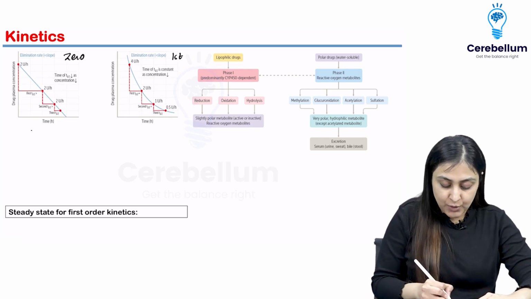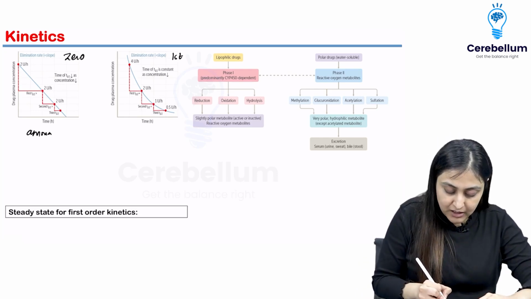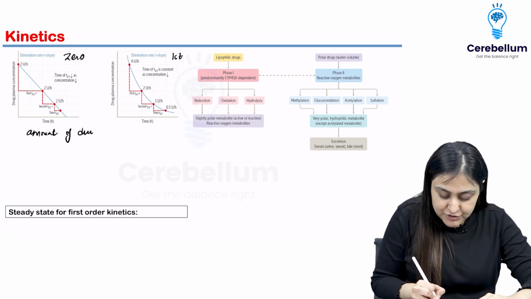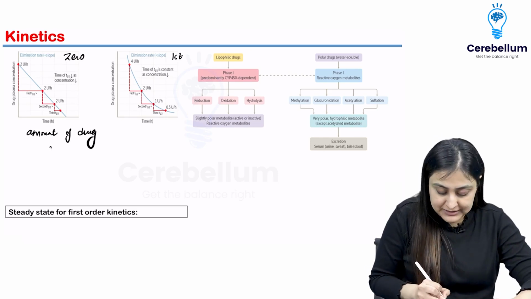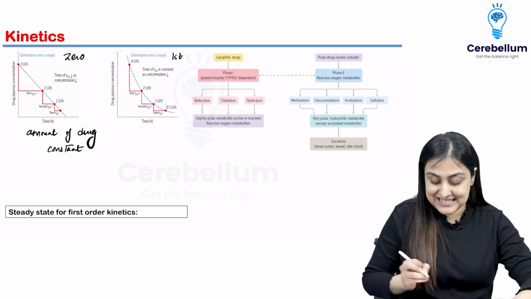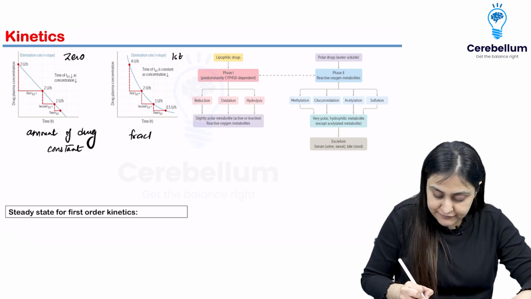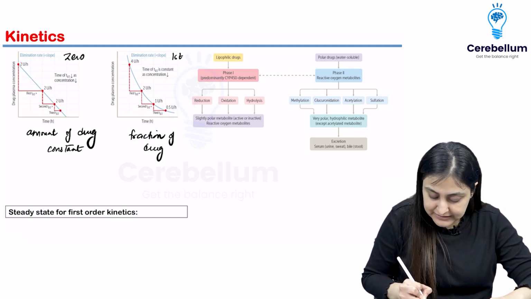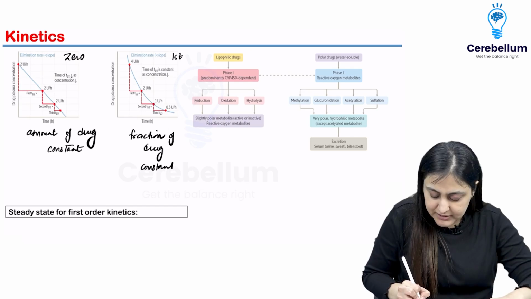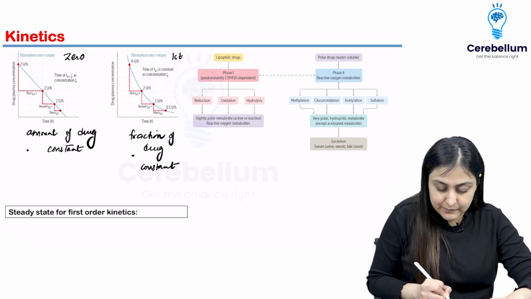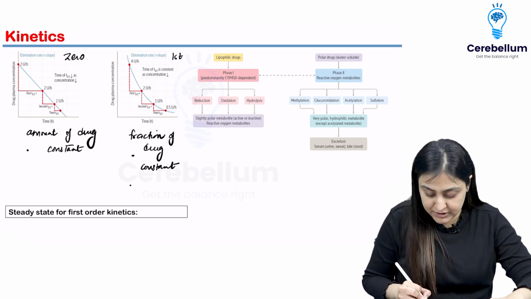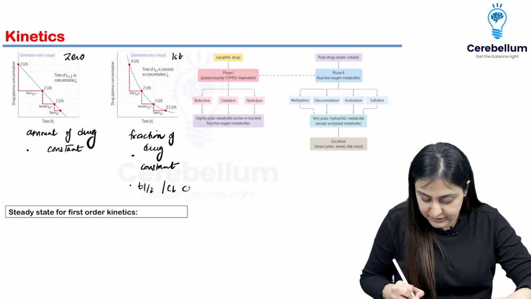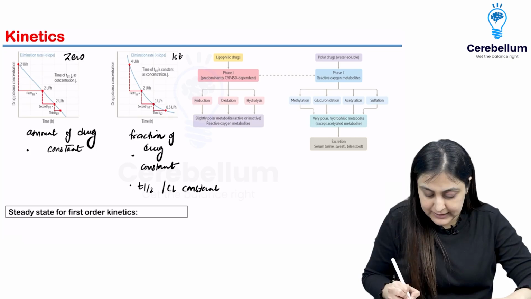So in zero order kinetics, the point is that the amount of drug which is cleared per unit time remains constant, whereas in first order, the fraction of the drug which has been cleared remains constant. Alright, so this is very, very important. In first order kinetics, remember the T half and the clearance are all going to be constant.